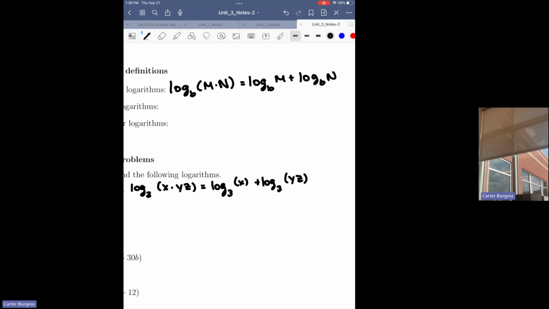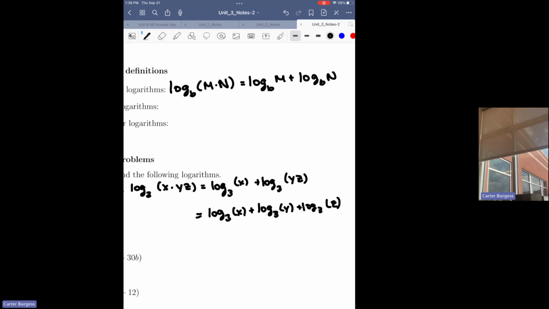No, what else could I split apart? I could split apart yz. Notice this is y times z. This is like a new m and a new n. And yeah, absolutely, we could now write this, and in fact, you should now write this as log base 3 of x, that's perfectly happy. We're happy with that. And now we're going to split apart the yz here into log base 3 of y and log base 3 of z.